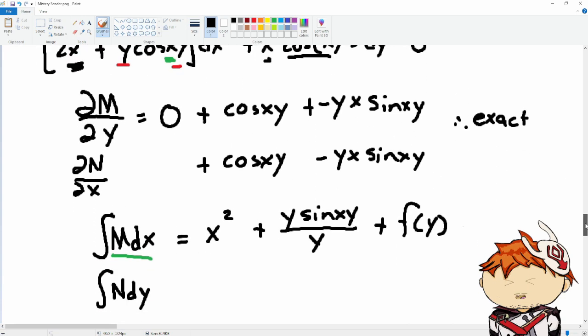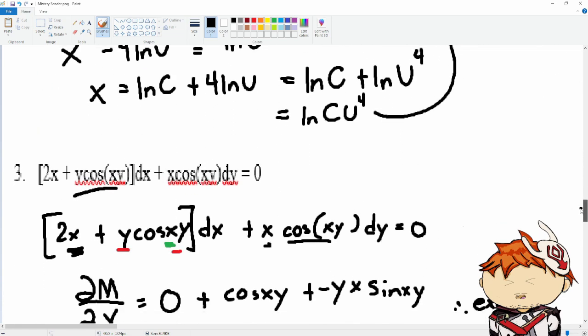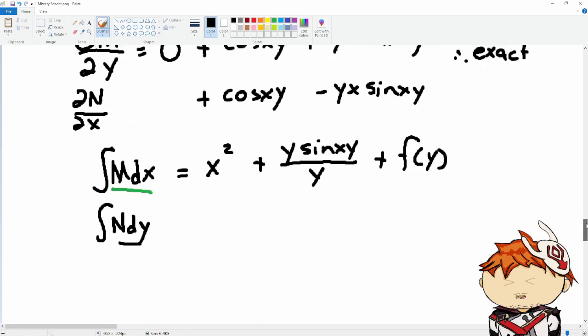At the opposite side, the integral of n dy, which is x cosine xy, it will become sine xy, right? x sine xy over x plus g of x.